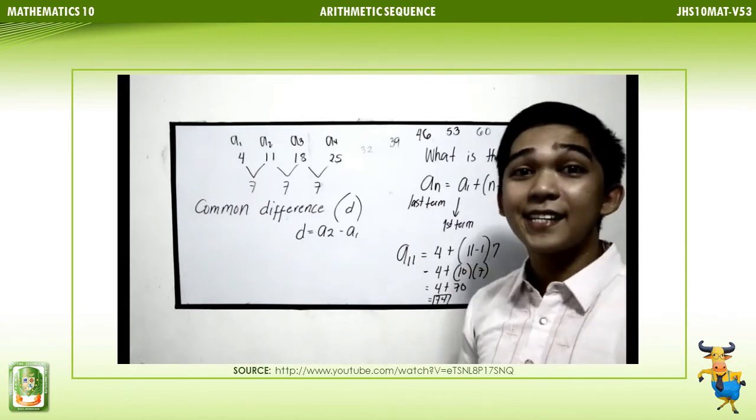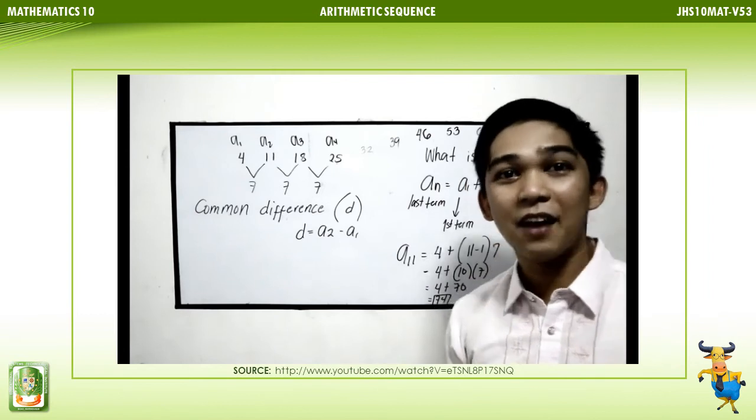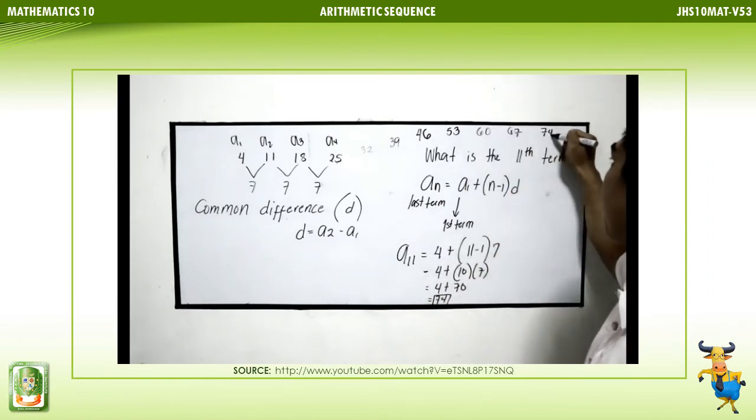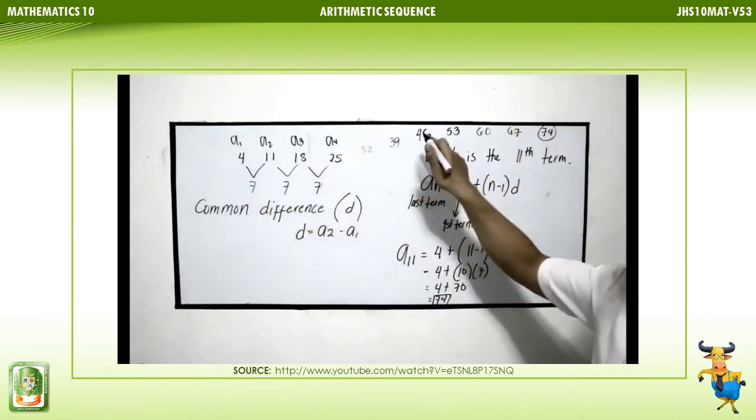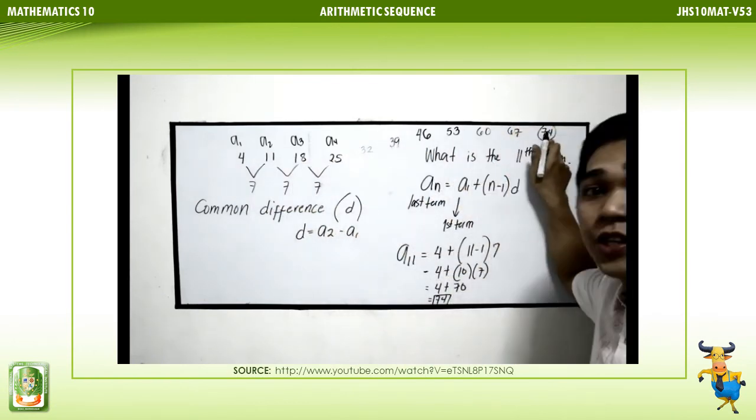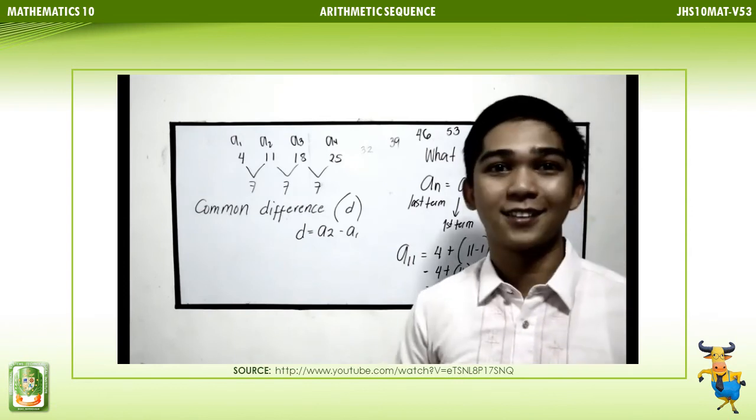And last, 67 plus 7, 74. And that is our 11th term: 1, 2, 3, 4, 5, 6, 7, 8, 9, 10, 11, which is the same as with our formula.